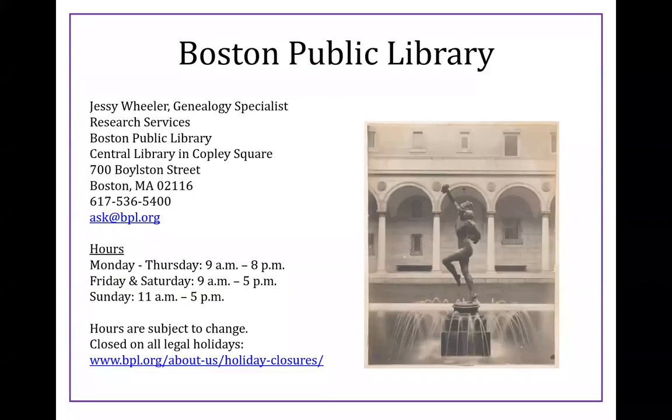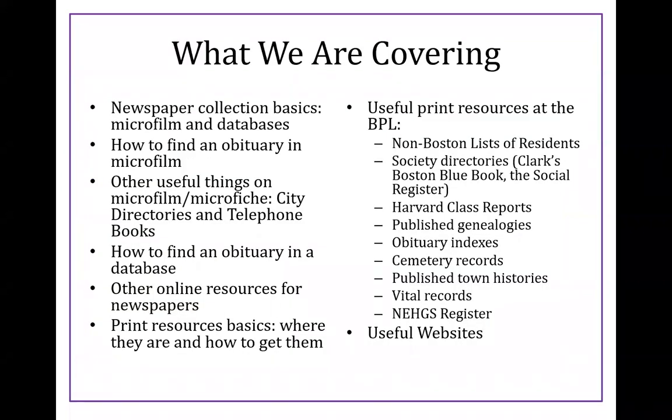So this is just the basics of what we're going to be covering today. We've got a lot to get through, so we're going to try to get everything done, but we will have time for questions. We're going to go over just basics about the newspaper collection, including microfilm and databases. We're going to go over how to find an obituary in microfilm. We're going to talk briefly about some other useful things that you can find on microfilm or microfiche.